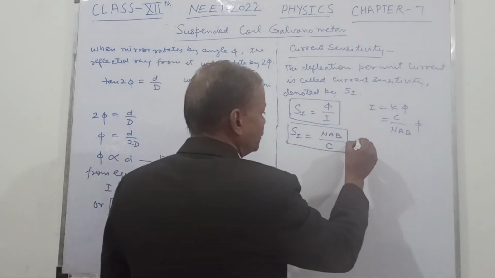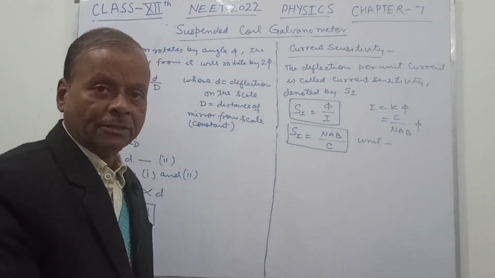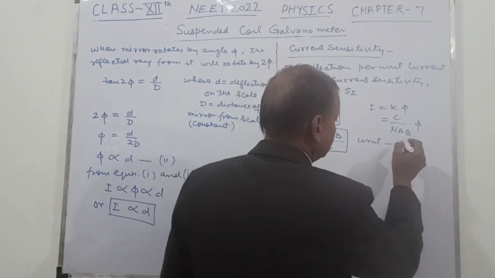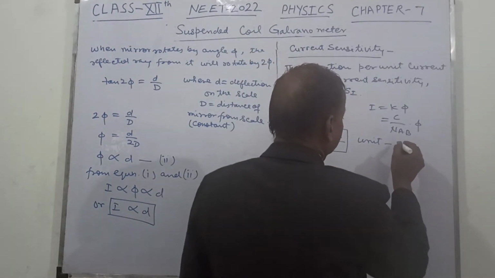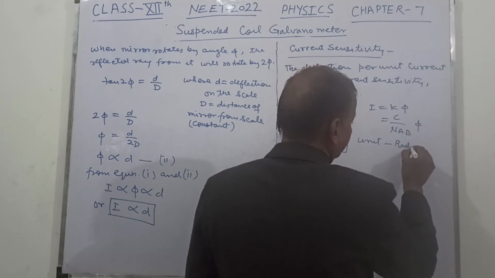Now you can have the unit of current sensitivity. This is degree per ampere, or we can have radian per ampere.